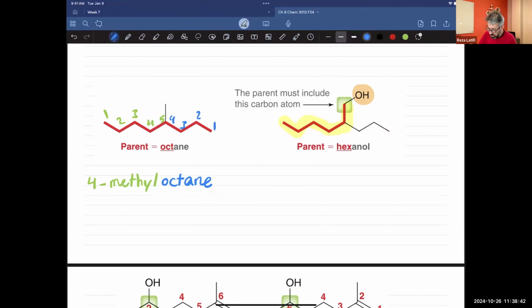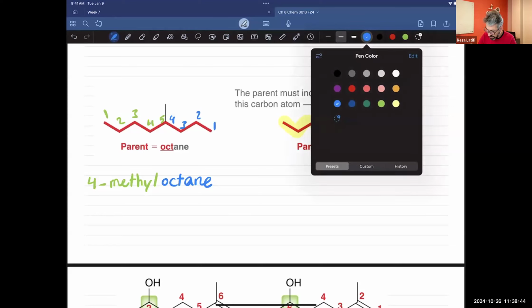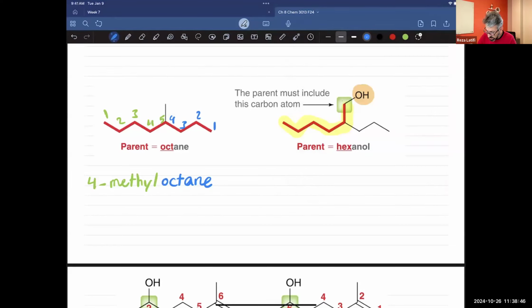And so in this case, if I want to label it, I go 1, 2, 3, 4, 5, 6. I have a substituent, and my substituent is a propyl. So I'm going to say on the second carbon, I have a propyl. I go propyl to show that it's attached to somewhere. And next, we have 6 carbons.